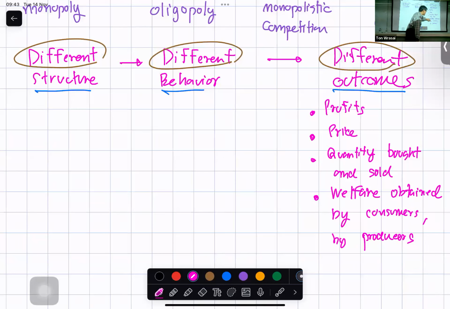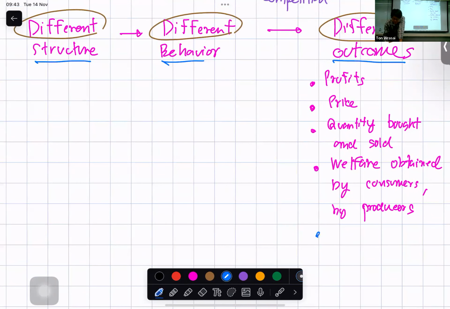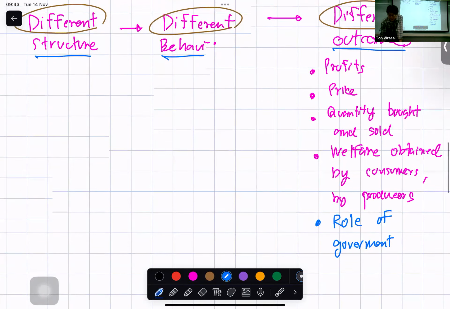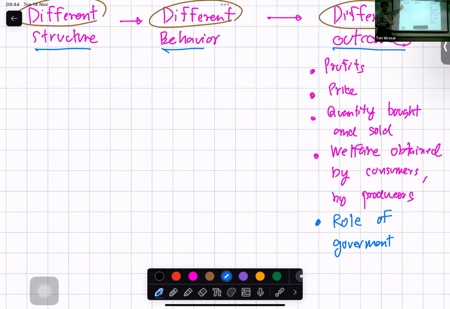Welfare obtained by consumers and producers, and the role of government. If we have to buy goods in the monopoly market, of course, the price will be higher than buying goods in a perfect competition environment.